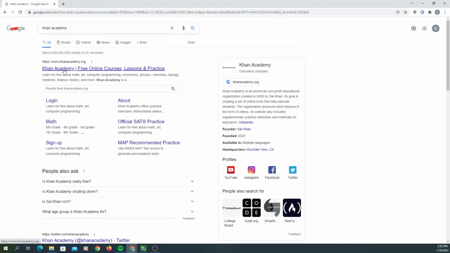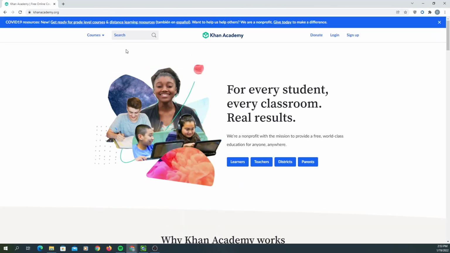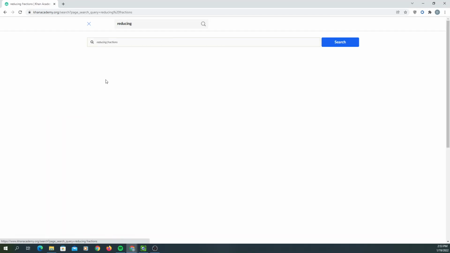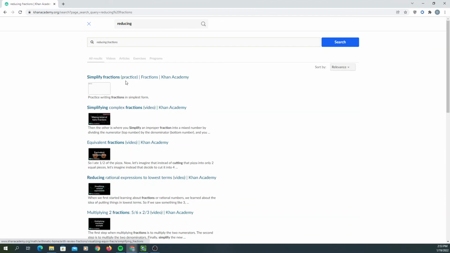If you do a Google search for Khan Academy, you get all kinds of stuff here, and you can search for reducing fractions or something, and I'm sure something will come up. See, reducing fractions. So simplifying fractions, right, or equivalent fractions. So stuff like this would be good. So you could do Khan Academy, or you could go to the Math Lab and get some help there.